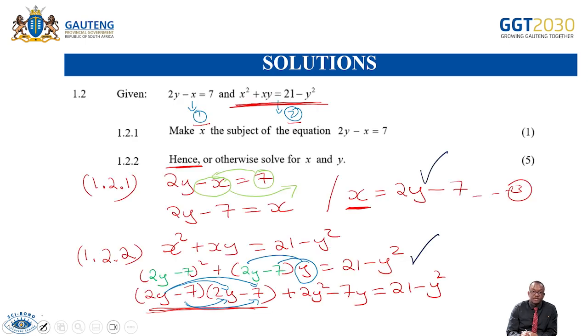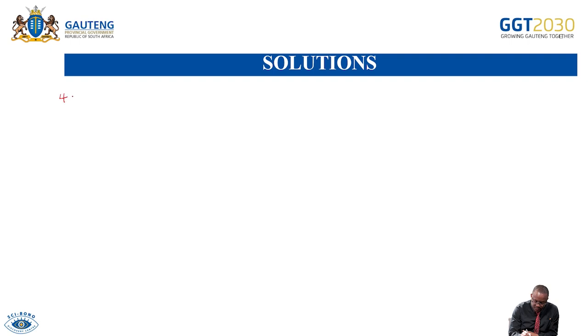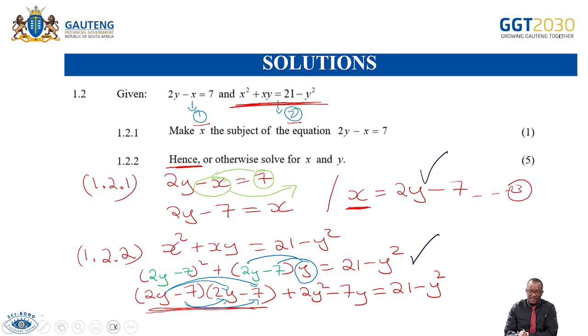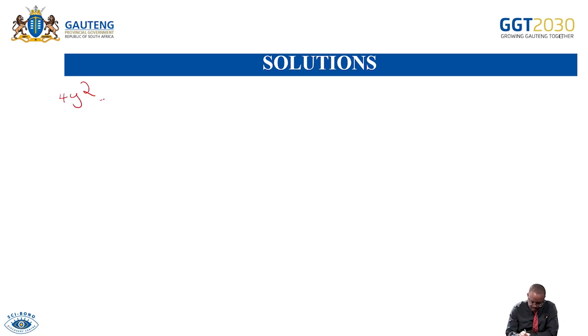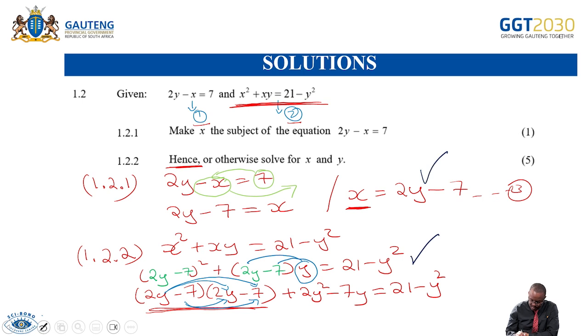If you say 2y multiplied by 2y, you are simply going to have 4y squared. Then if you say 2y multiplied by negative 7, you are going to have negative 14y. Also from the bottom, negative 7 multiplied by 2y is also negative 14y, and negative multiplied by negative, we know that it's positive, and 7 multiplied by 7 is 49.